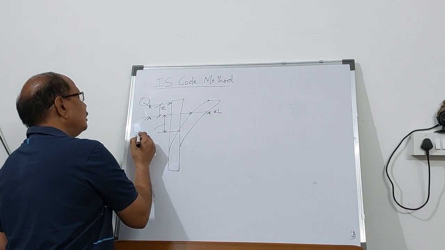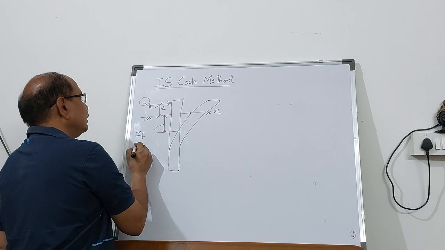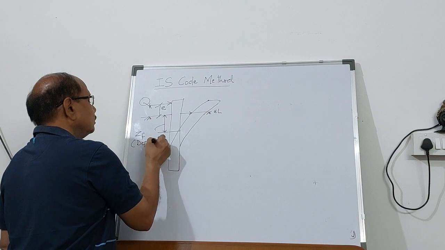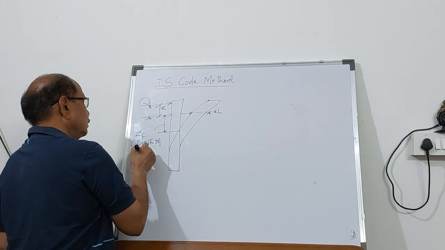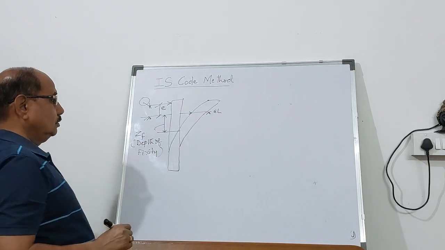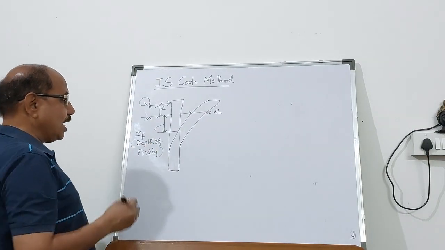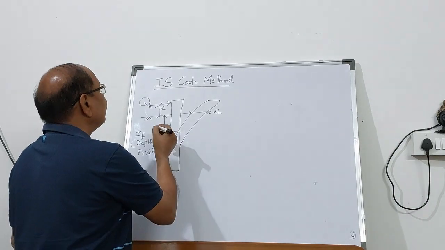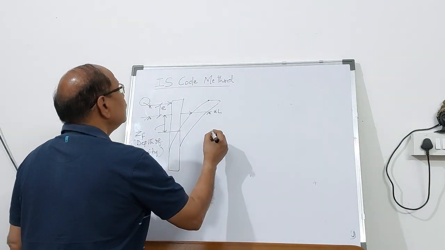So this is called ZF, depth of fixity. So if you see the IS code, you can find out the value.